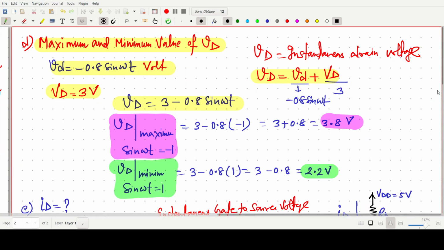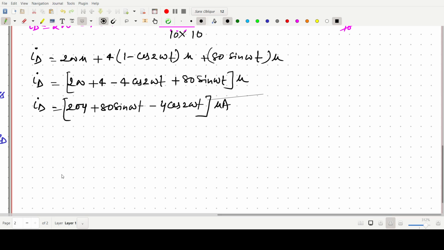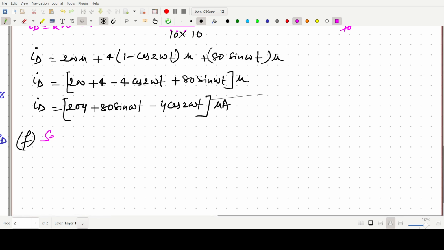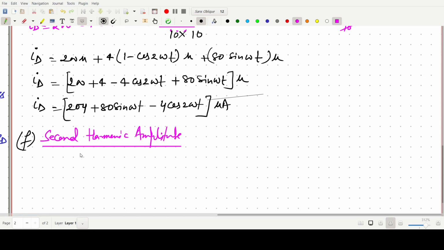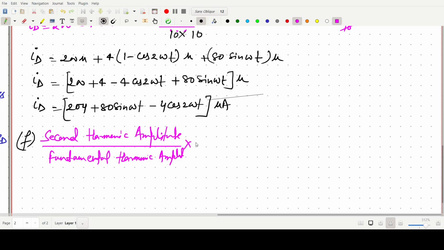So from this one, we take the second harmonic amplitude divided by the fundamental harmonic amplitude, they are asking, into 100.